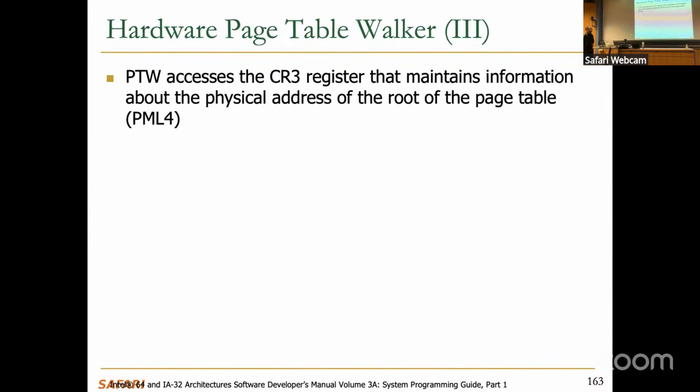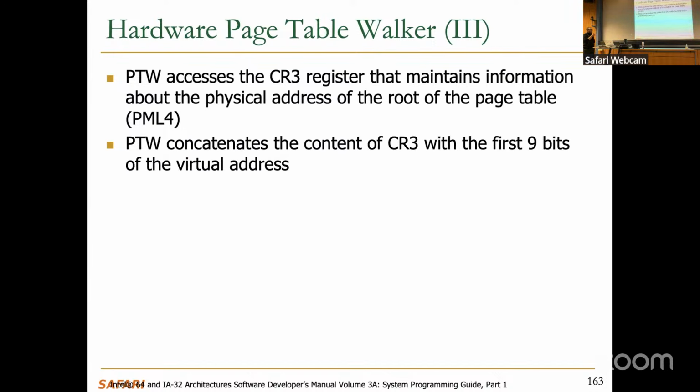Again, as mentioned before, the page table walk accesses the CR3 register. The CR3 register is the base of the page table. It maintains the address of the root of the page table, called the PML4 level in x86-64 systems. The page table walk concatenates the contents of CR3 with the first 9 bits of the virtual address to form a pointer.